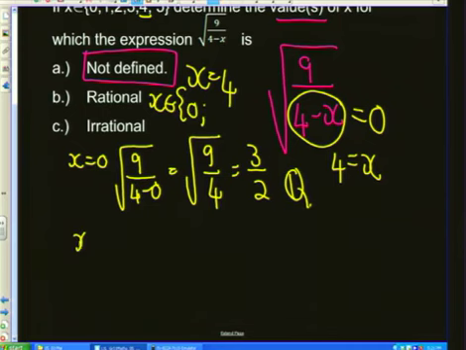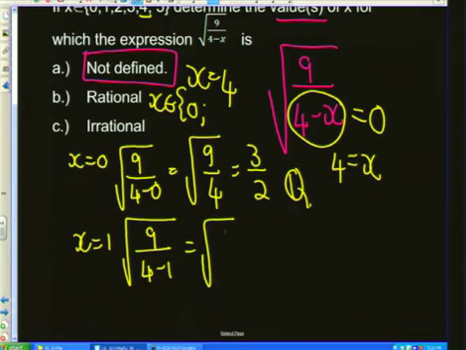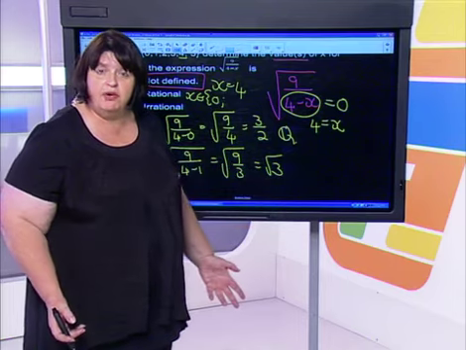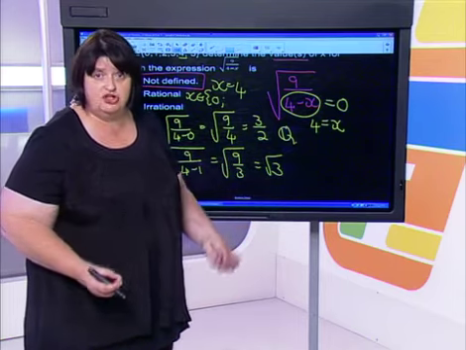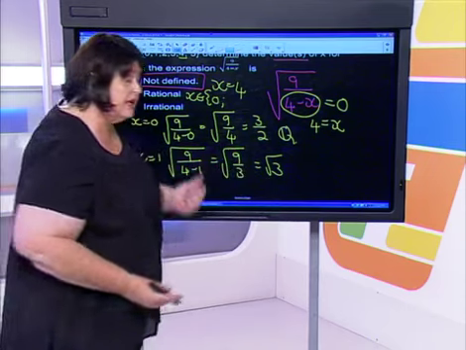Right, let's try the next one, x equals 1. If I'm taking 1, it's going to be 9 over 4 minus 1, which is equal to the square root of 9 over 3, which is the root of 3. What do we know about the root of 3? Well, 3 is not a perfect square. So if it's not a perfect square, it certainly is not rational. In fact, it must be irrational.